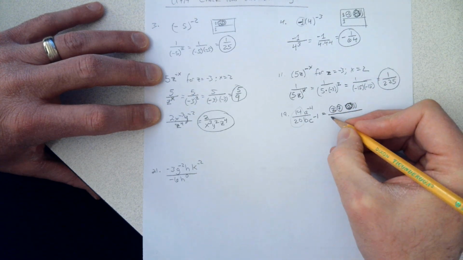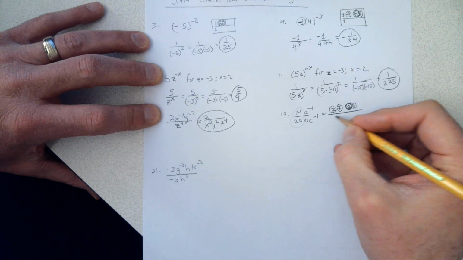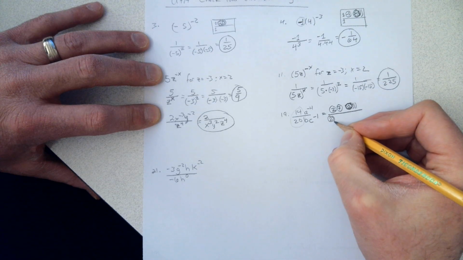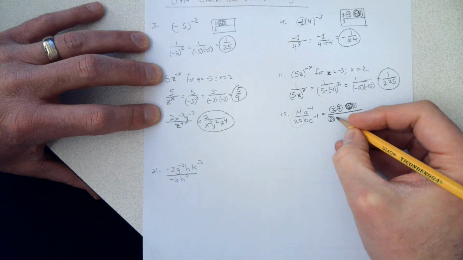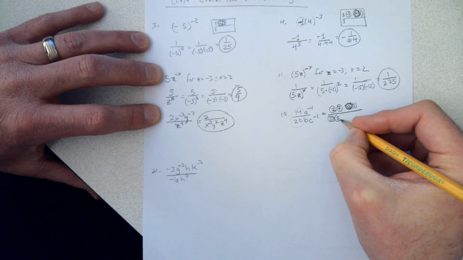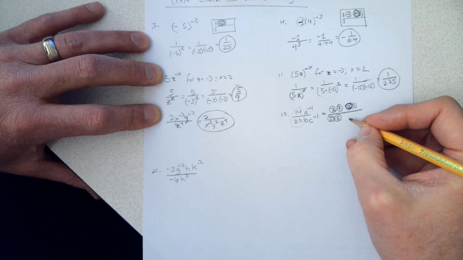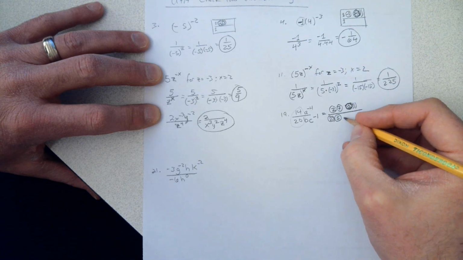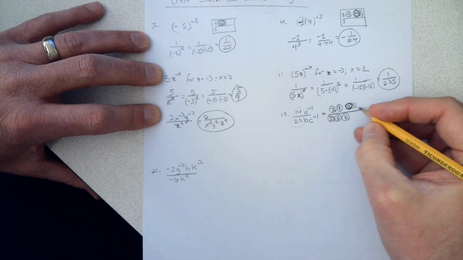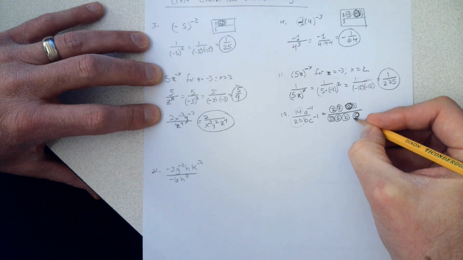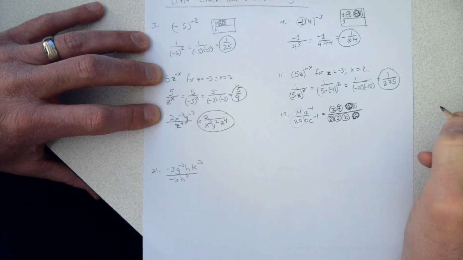And in the denominator, the 20, I'm going to say that I had 2 2's stacked up down there and a 5. That would make 20. 5 times 2 times 2 is 20. And then I had a light B base, and I had 1 dark C base.